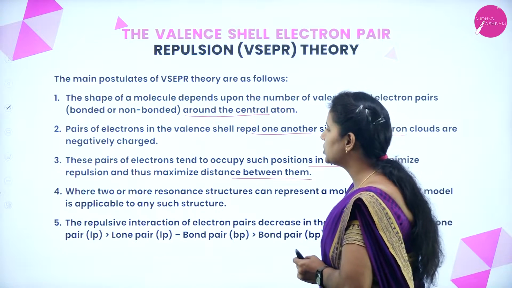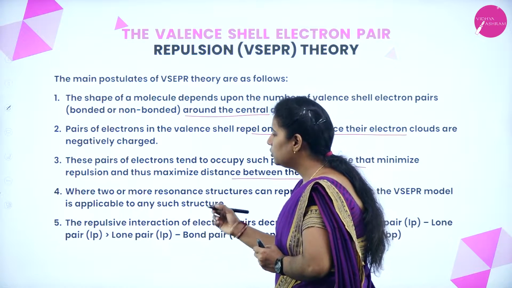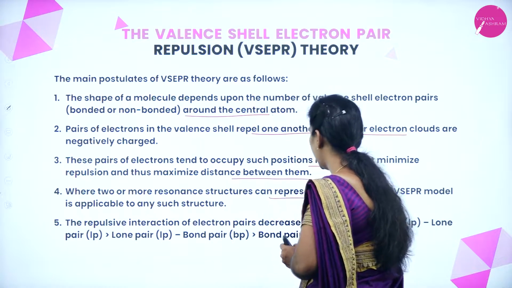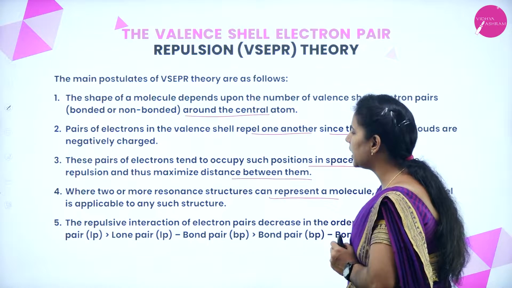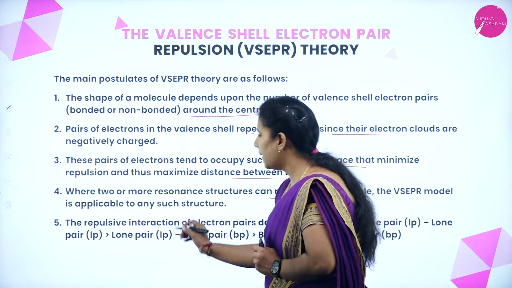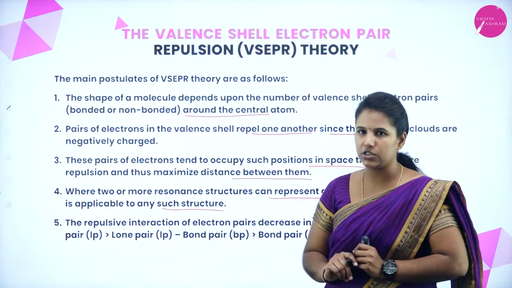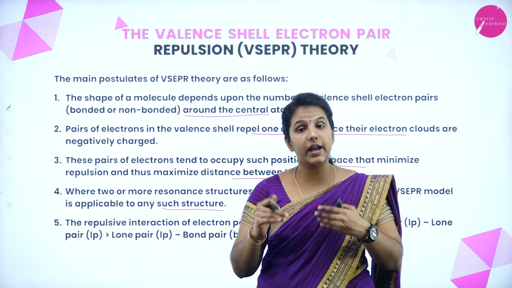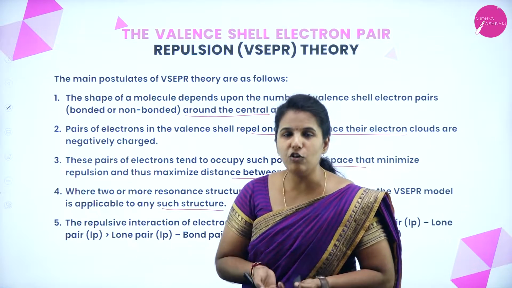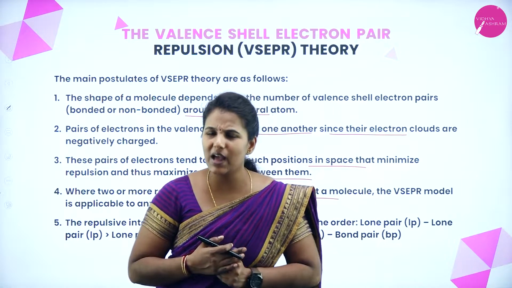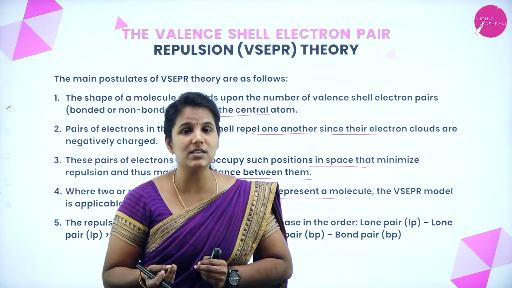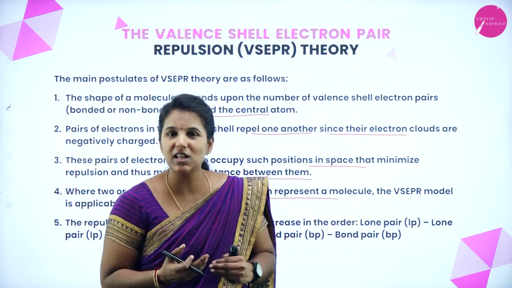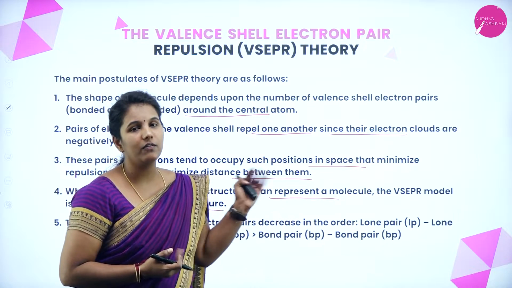The fourth postulate states that where two or more resonance structures can be present for a molecule, VSEPR theory is applicable to such structures. Suppose a molecule has resonance structures and you are not able to predict the structure, that can be easily predicted by using what?